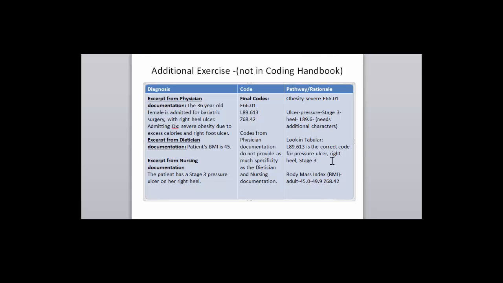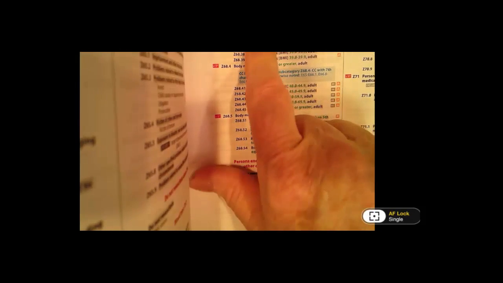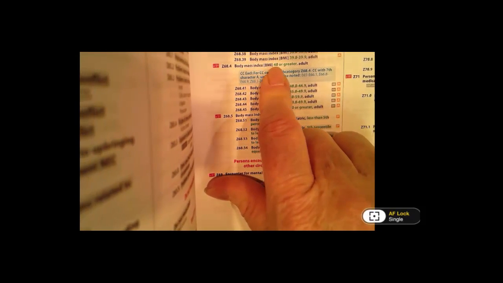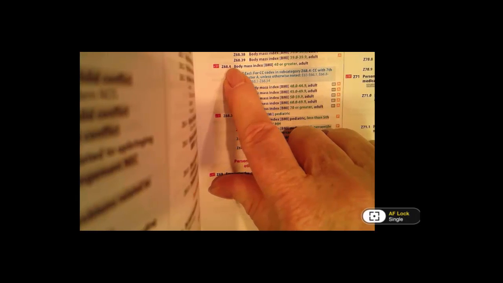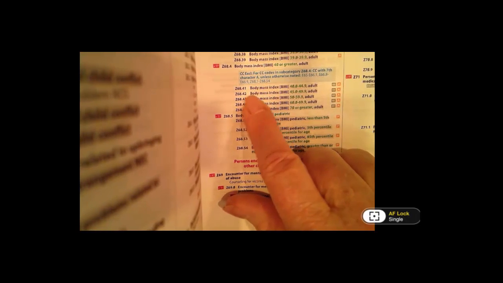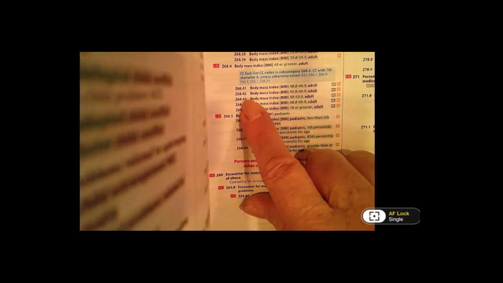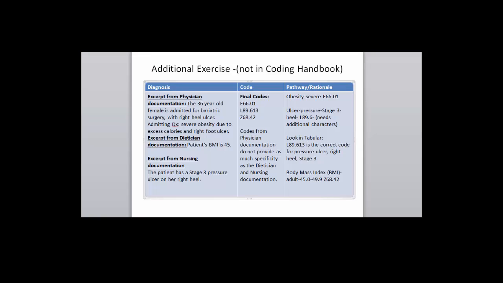Yep. That's it right there. L89.613. And back in our tabular, body mass index 40 or greater, Z68.42 is BMI in the range of 45 to 49.9. So that is the correct code.